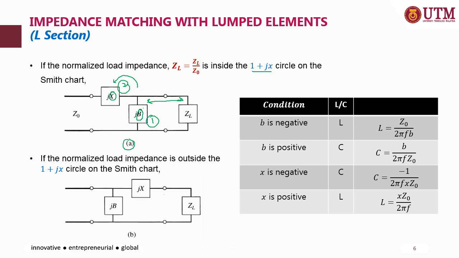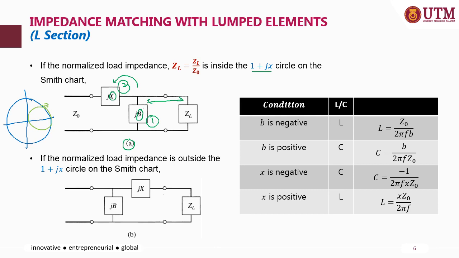Since we are using the Z chart, we need to rotate the impedance chart to indicate the admittance, right? So this is the reflection of this Smith chart. You have the 1 plus jx for admittance here.